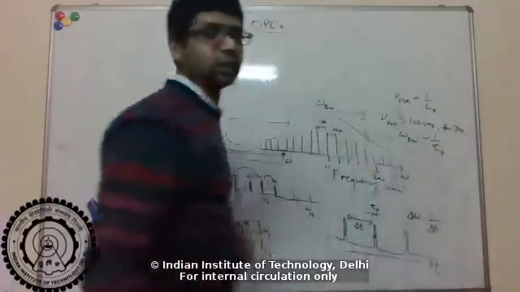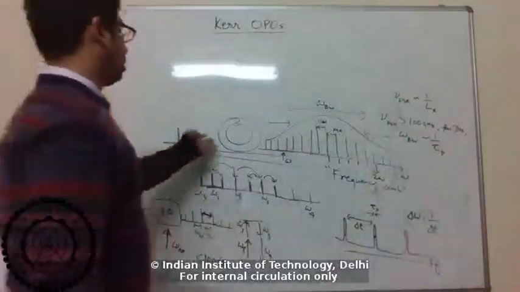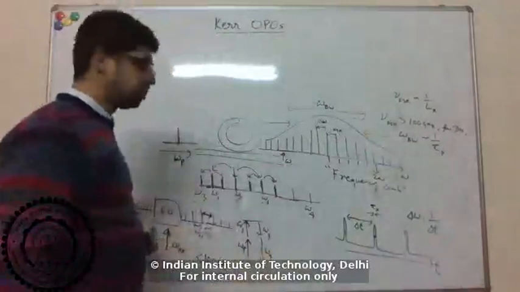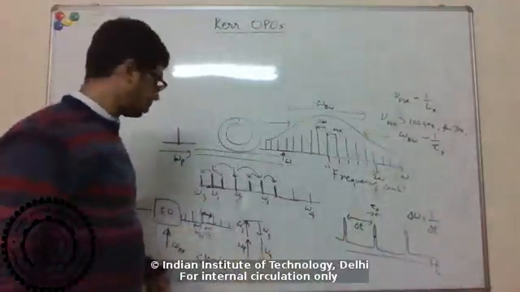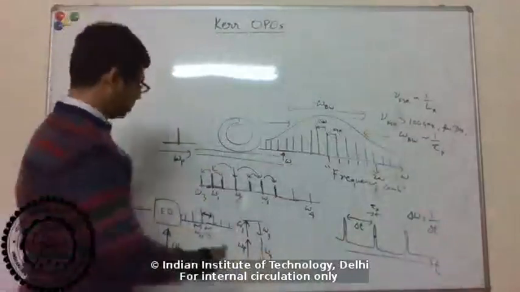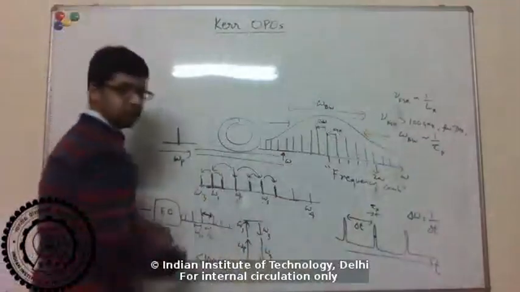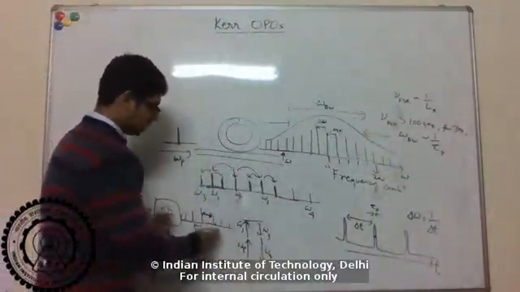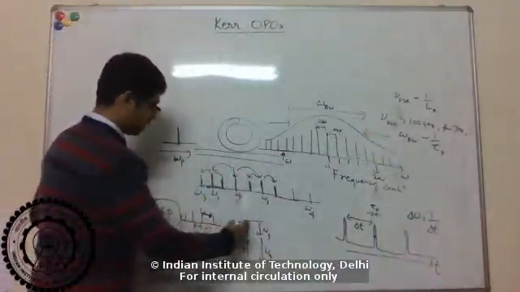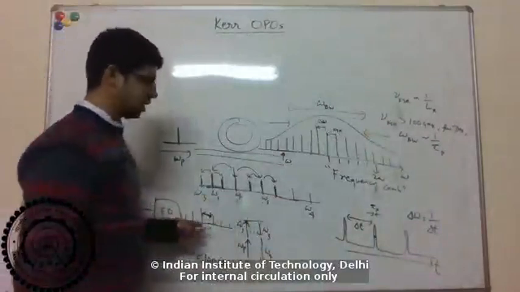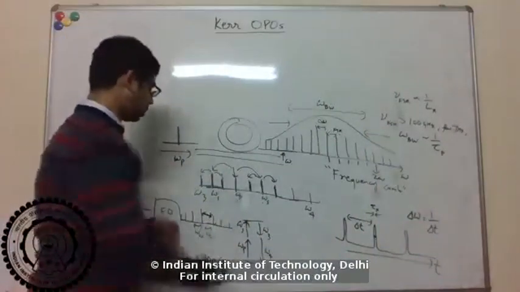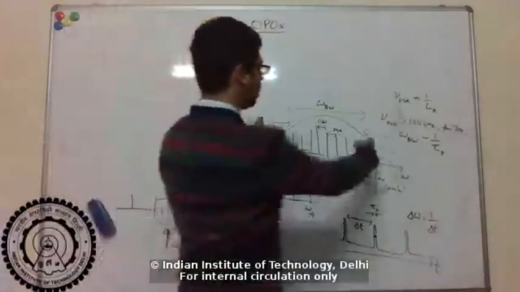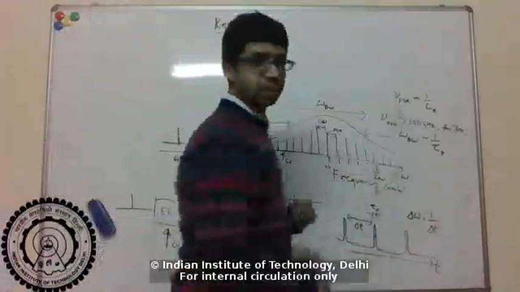People have shown that with this you can get combs which span octaves, which is almost impossible to do with these electro-optic combs, because the number of lines you can get is not many, and also the spacing is not that big. So the relative bandwidth compared to the center frequency is maybe maximum like 10% of the center frequency. But here you can get a bandwidth of the order of the center frequency.